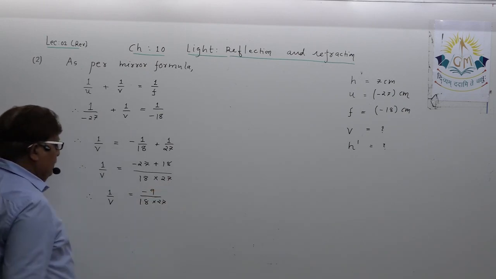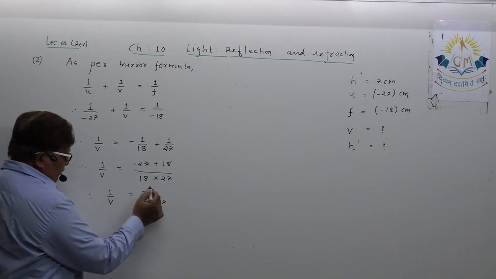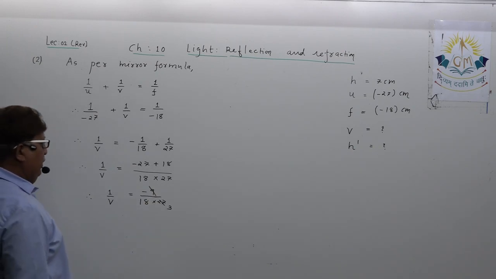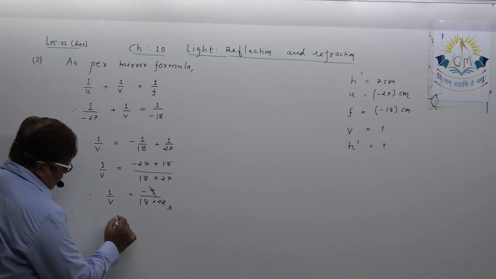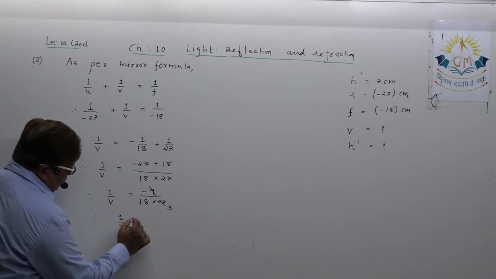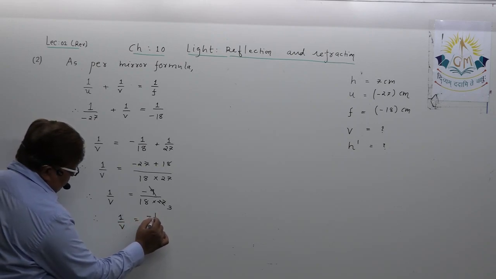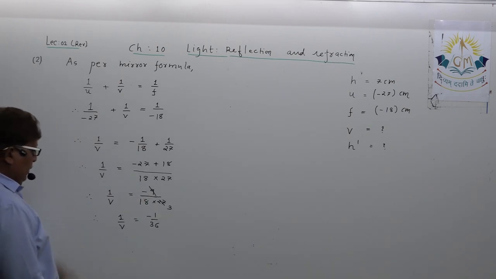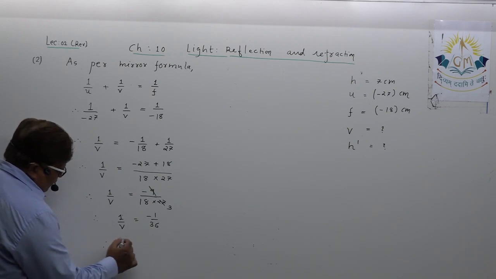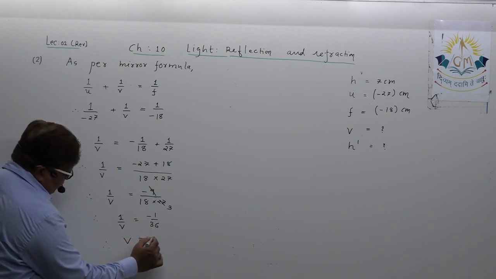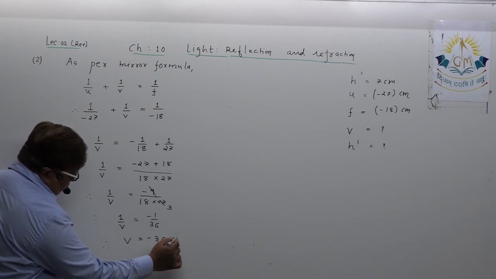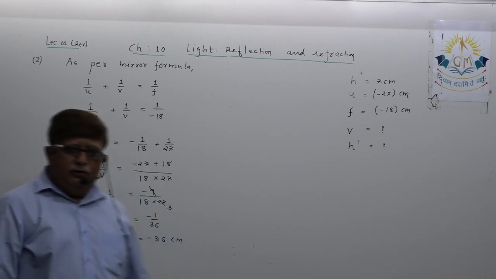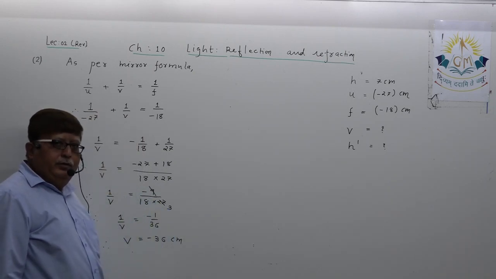Okay, just necessary cancellation. 9 3 ja, so 1 upon v equals to minus 1 upon 36. Just reciprocalize it. You got v equal to minus 36 centimeter.